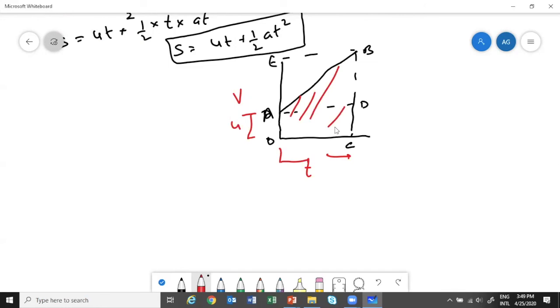There is another formula we can use: the area of a trapezium.